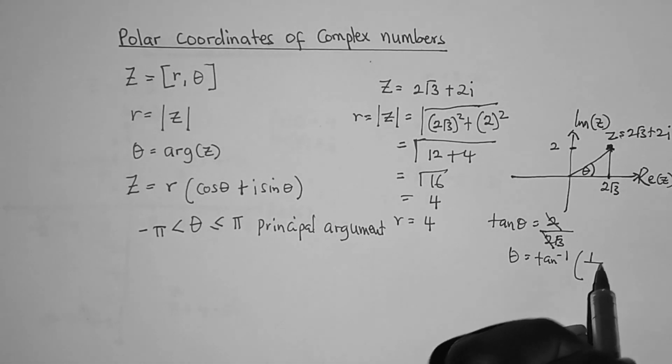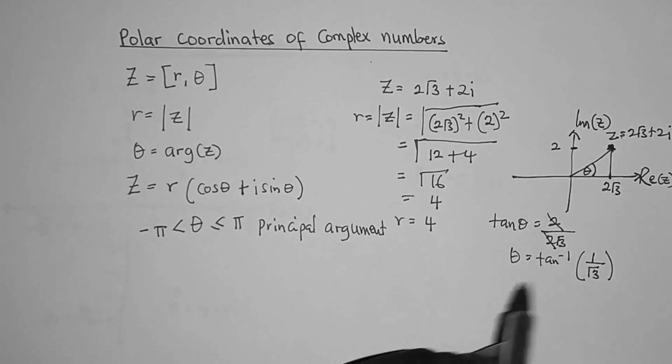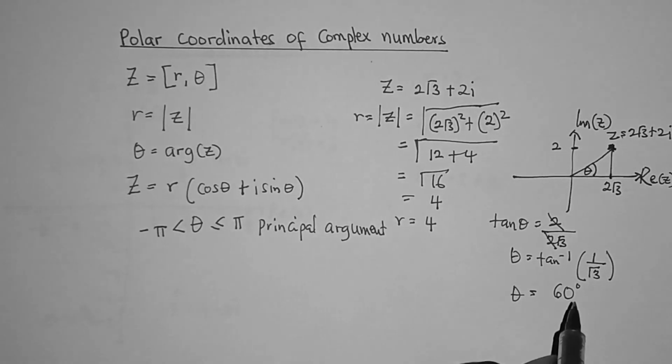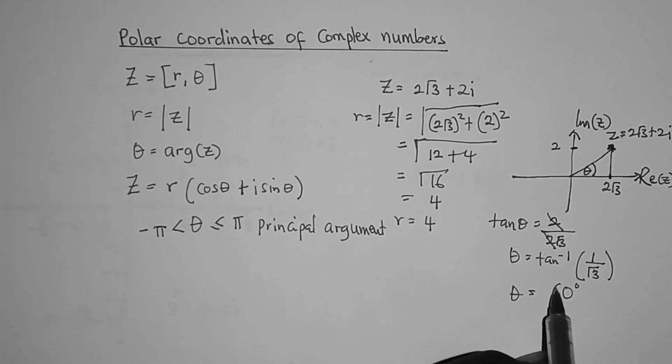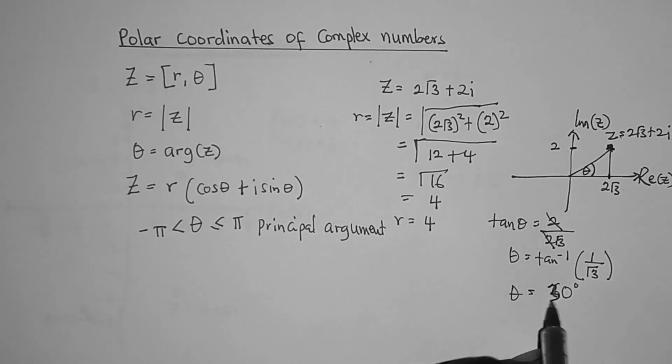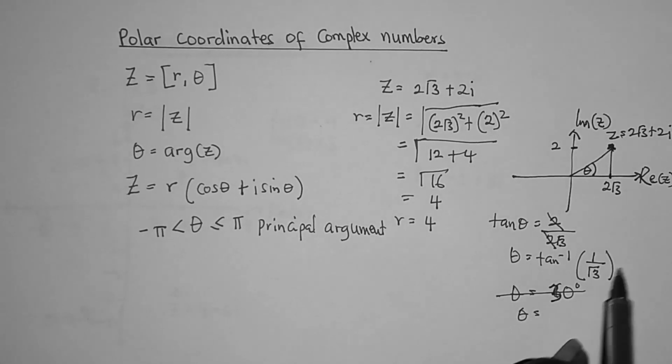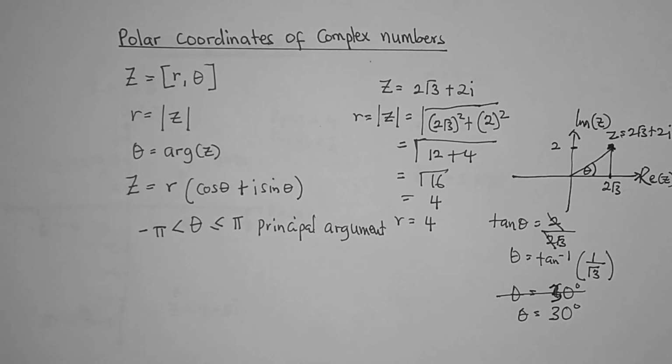So it's going to be tan inverse of 1 over root 3. And then the tan inverse of 1 over root 3 is 30 degrees. So let me write it well. Theta is equal to tan inverse of 1 over root 3, which is 30 degrees.